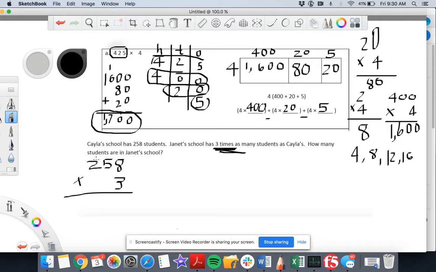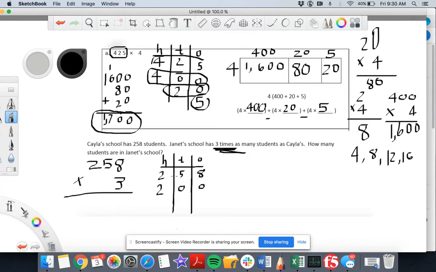Let's break up this 258. Let's put it in that place values chart: ones, tens, hundreds. Then 2, 5, 8. I'm going to decompose this number. So 2 is in the hundreds place. How many place values are after the 2? Well, 2. So I'm going to add 2 zeros after the 2.